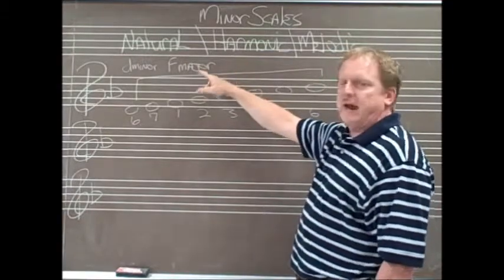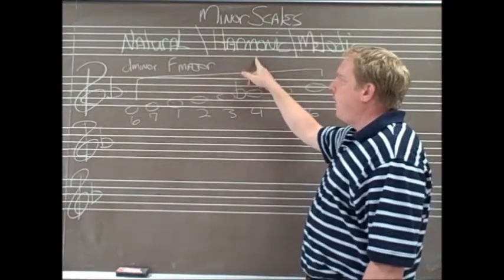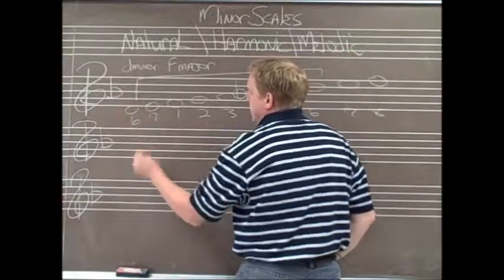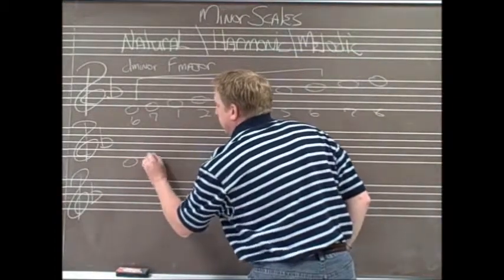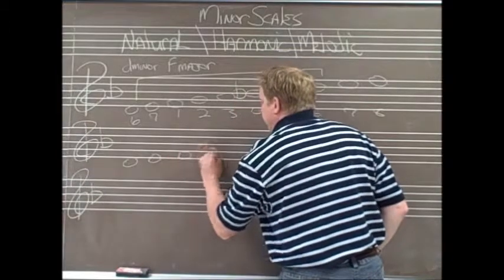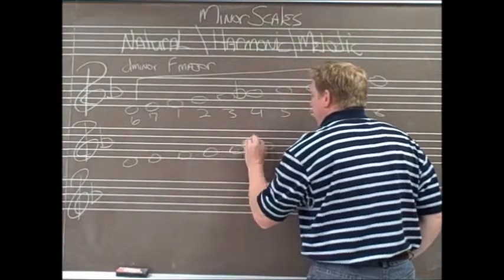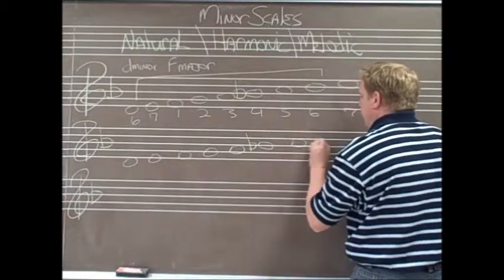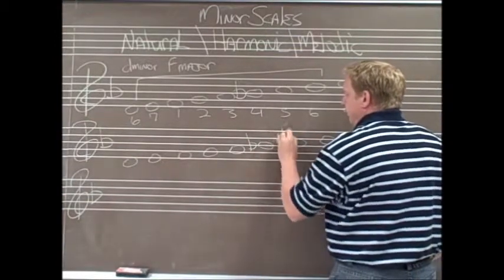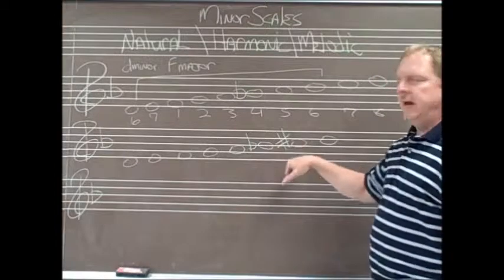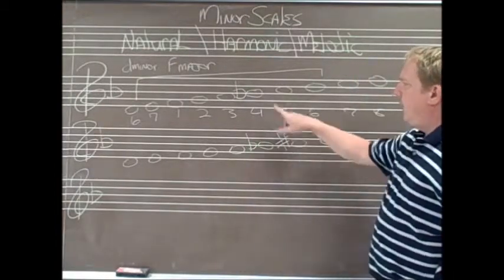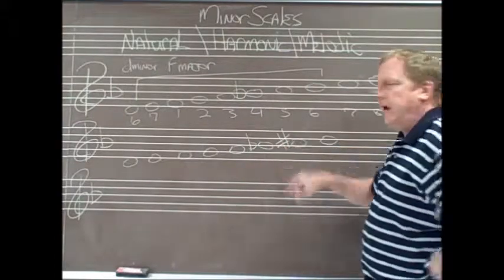The difference between a natural minor scale and a harmonic minor scale is only one note. If you took this D natural minor scale, and I'm using accidentals and the key signature, the only note that you have to change to make it a harmonic minor is you take the 7th scale degree of this minor scale and you raise it a half step.